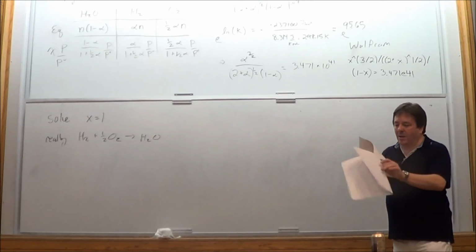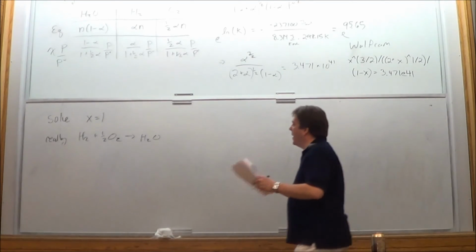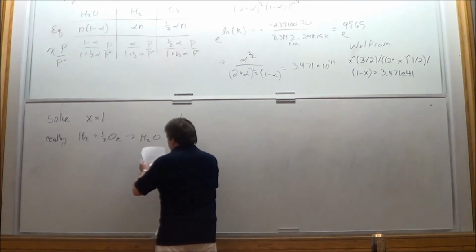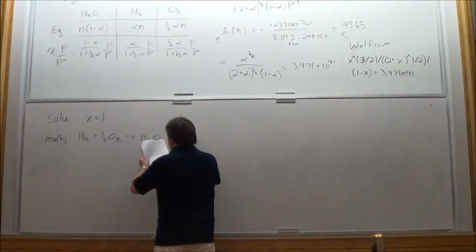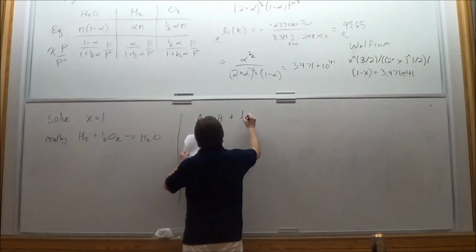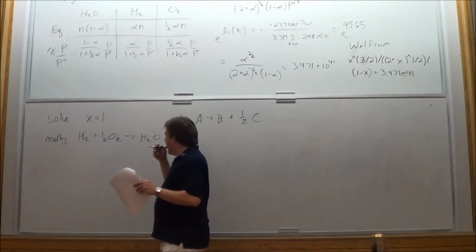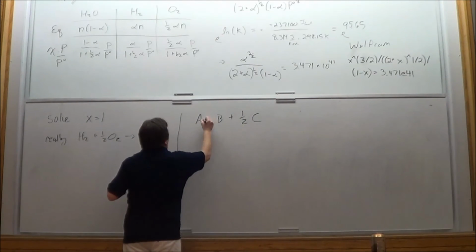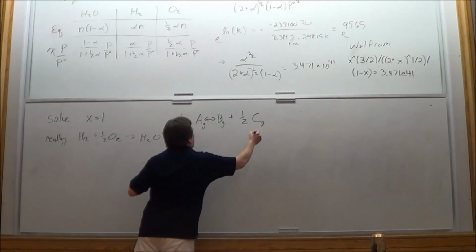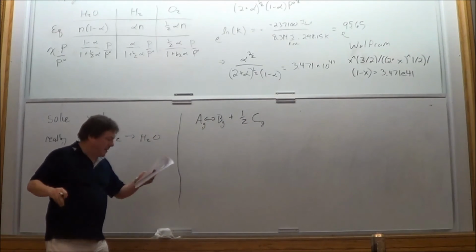Anyway, now let me point out a couple of other things. Seeing how I'm really screwing up my delta G's, let's do a reaction. A goes to B plus 1/2 C. So I've made up a reaction which is identical to water, what I just did.